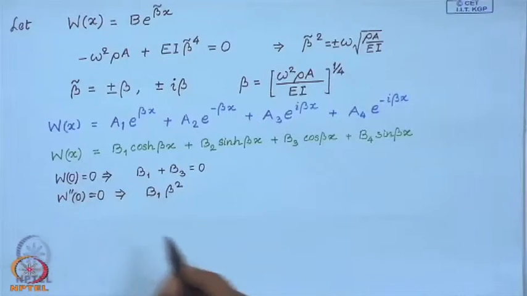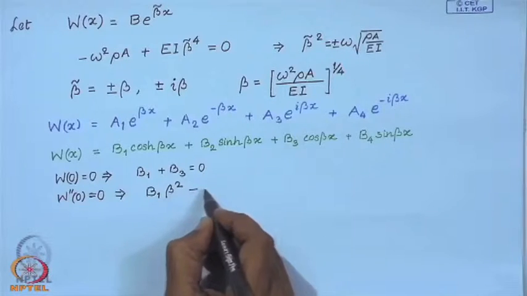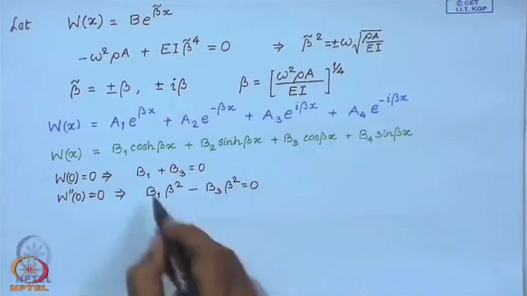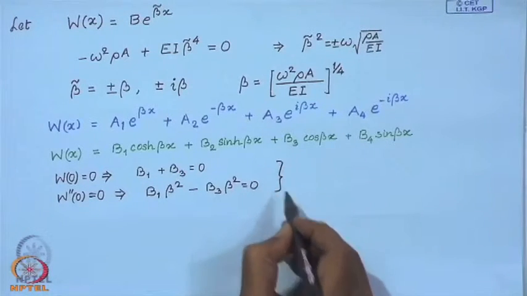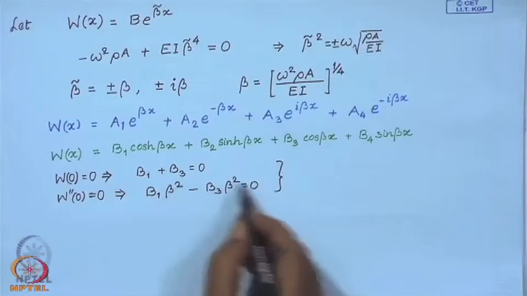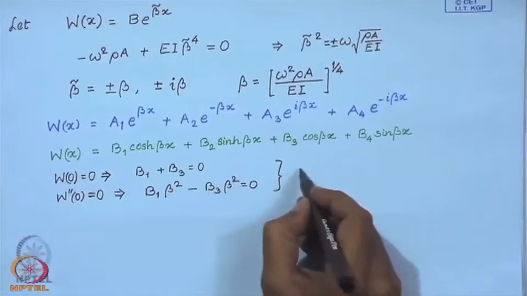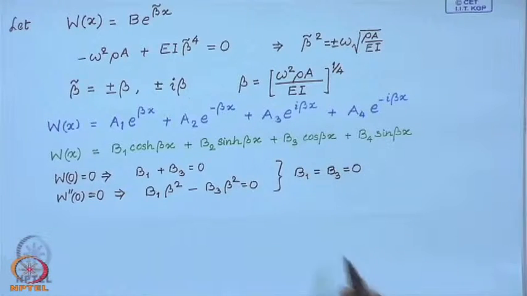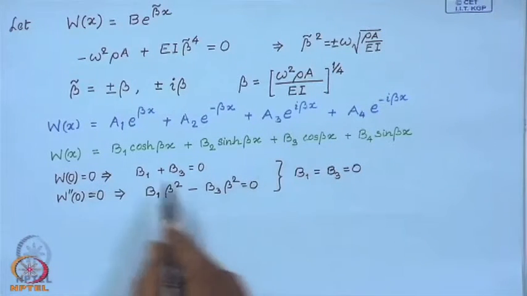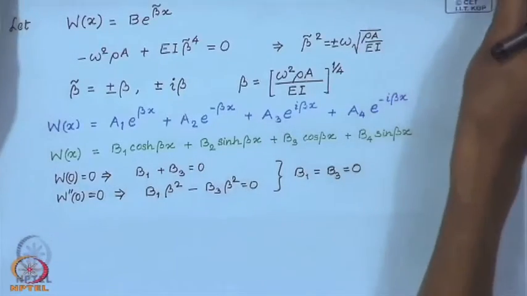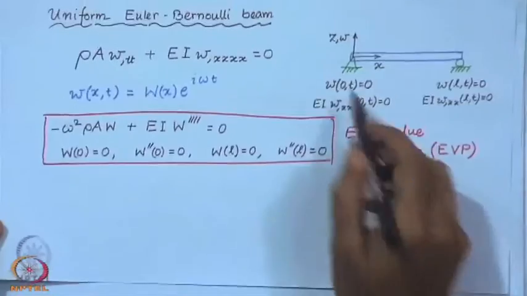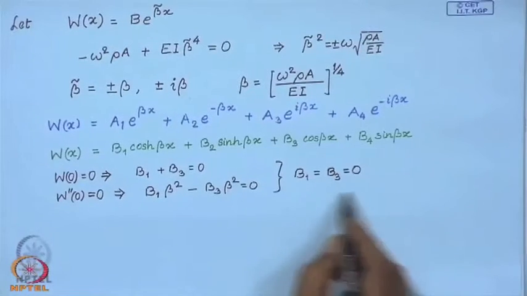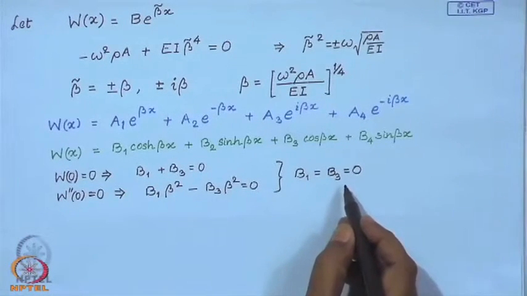So, if you put x as 0, these are the two conditions in terms of b 1 and b 3, and you can easily infer from here that b 1 and b 3 must vanish, since we are considering boundary conditions of a simply supported Euler-Bernoulli beam. So b 1 and b 3 vanish.